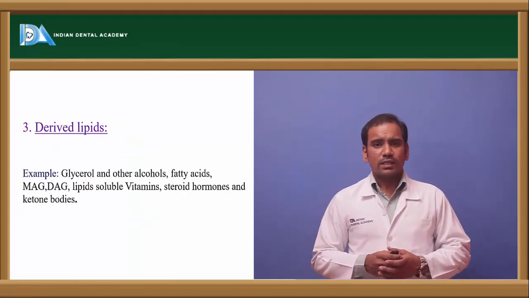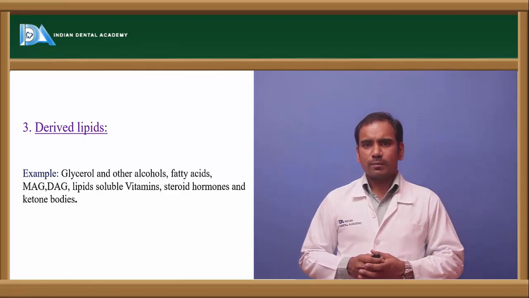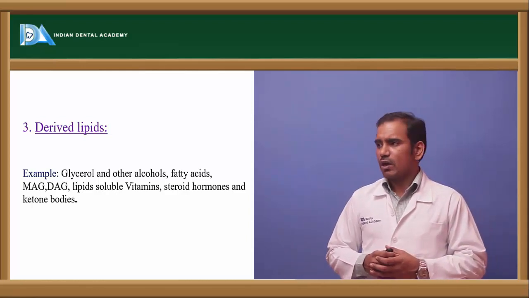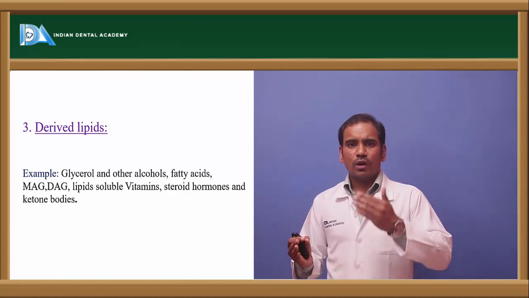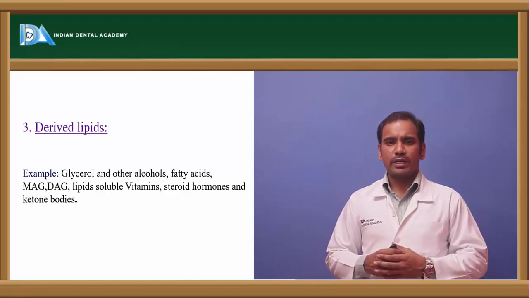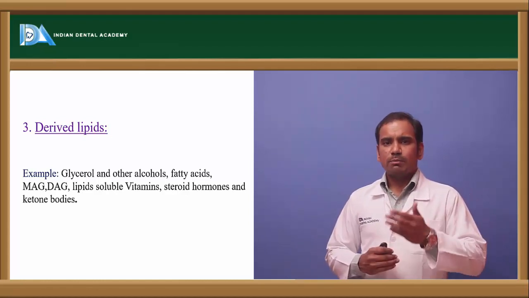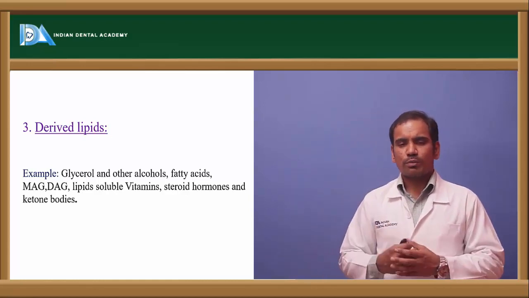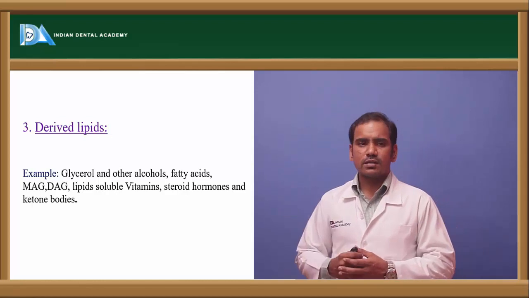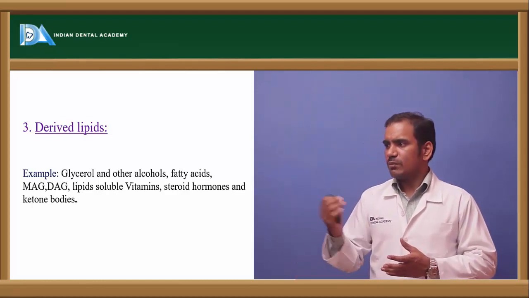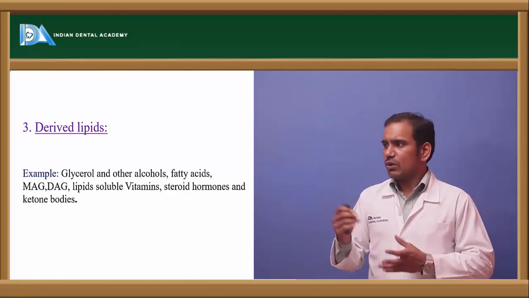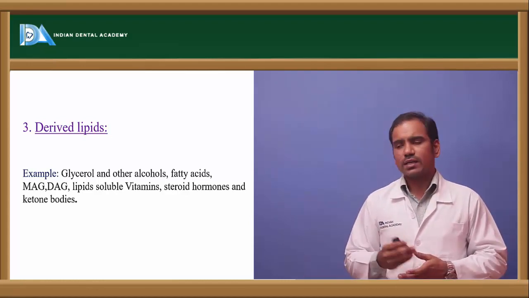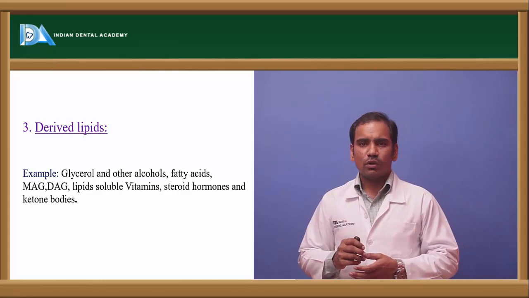And the third type of lipids in the classification is derived lipids. Derived lipids are obtained by hydrolysis of group 1 and group 2 lipids. Meaning, when you subject simple lipids and compound lipids to hydrolysis, whatever products we obtain, we call those lipids derived lipids. Examples for derived lipids are glycerol, alcohols, fatty acids, monoacylglycerol, diacylglycerol, and fat soluble vitamins.